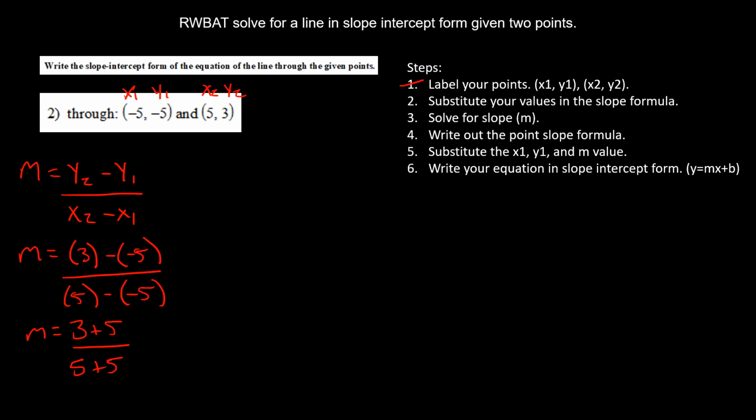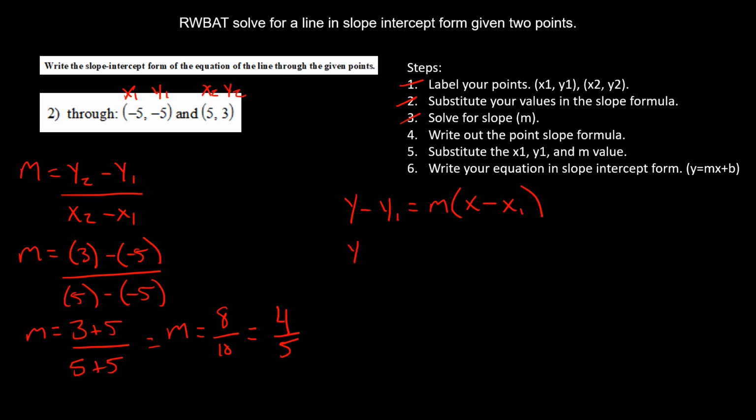So m equals 3 minus negative is plus 5 over 5 minus negative is plus 5. Okay, so this means that our m will equal 8 over 10, which can be reduced down to 4 over 5. So now let's take this, okay, to our point slope formula. y minus y1 equals m times x minus x1.